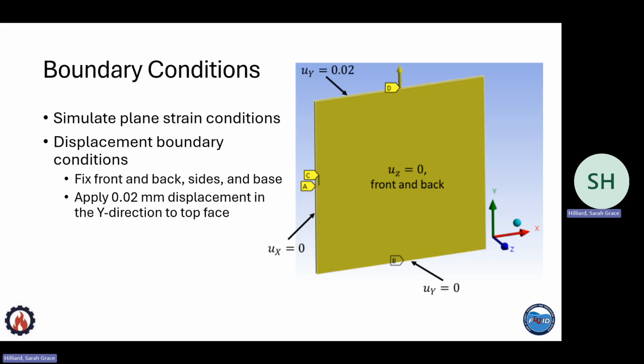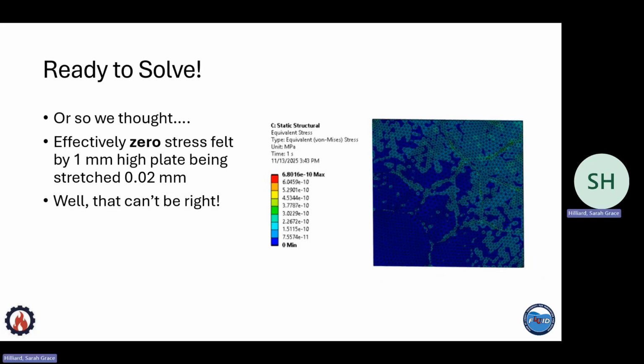The only face that was allowed to translate was the top face, which is labeled face D in the figure, and it was given a displacement of 0.02 millimeters in the Y direction straight up. At this point, we were ready to solve, or so we thought. On the right there, you can see the contour plot that resulted from this solve attempt, where we have a maximum equivalent von Mises stress of 6.8 times 10 to the negative 10th megapascals.